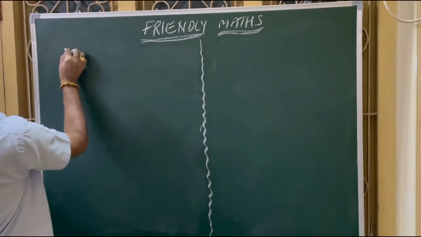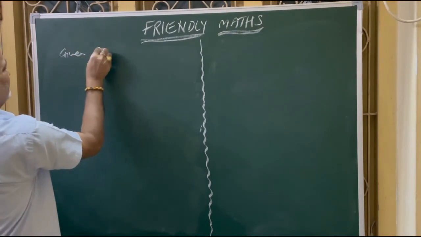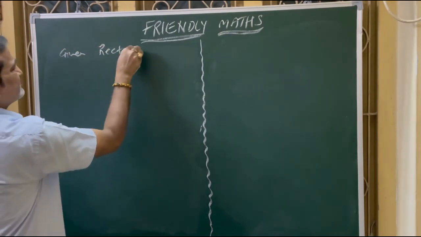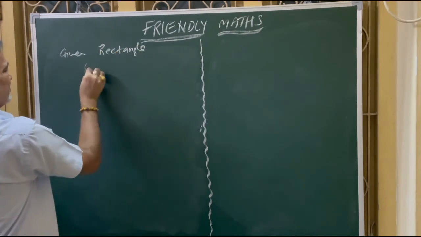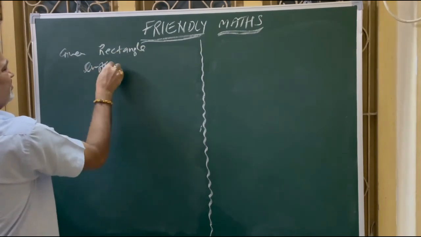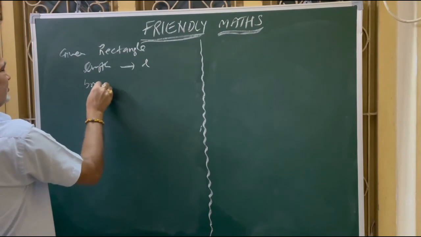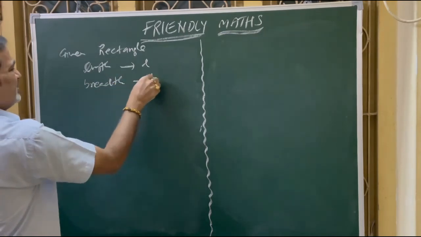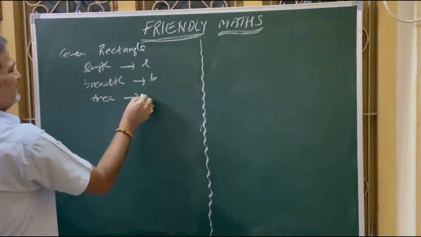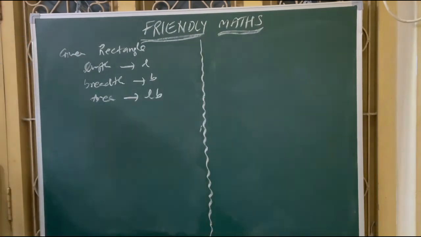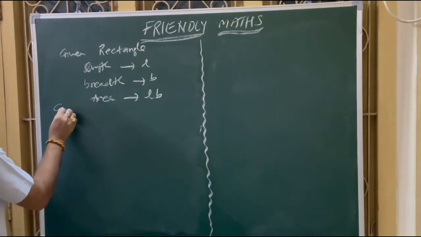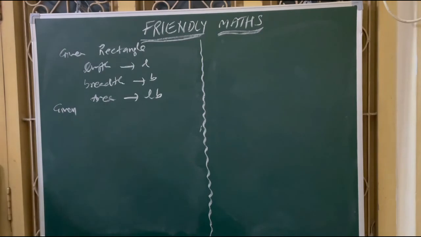Given a rectangle, length L, breadth B, area LB. Okay. Now what are the changes given here? First condition is what? Area reduced by 9 square units if length is reduced by 5 units and breadth is increased by 3 units.